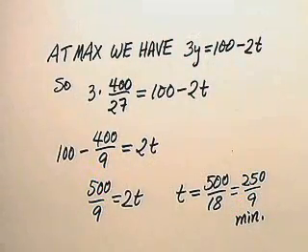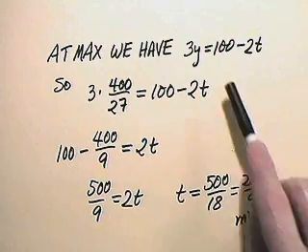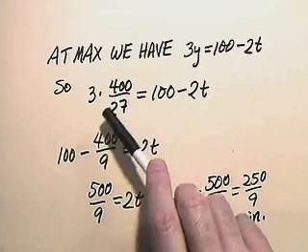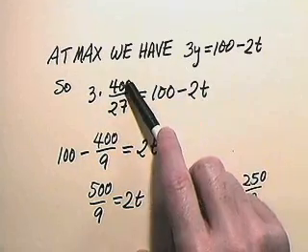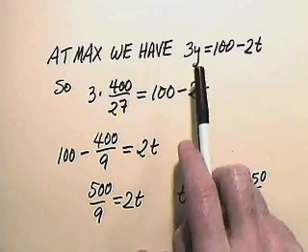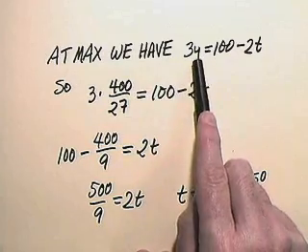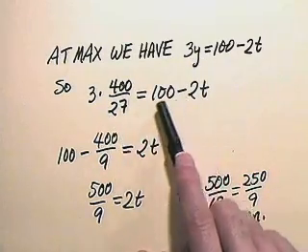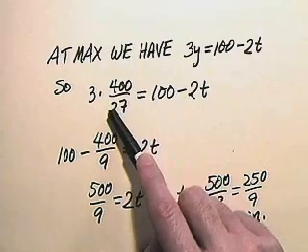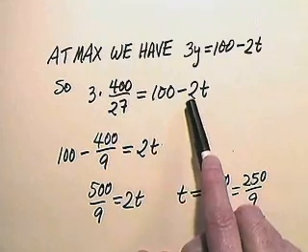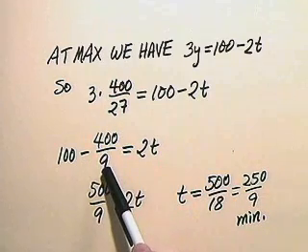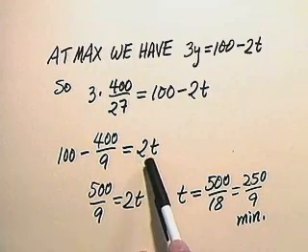Remember, at the maximum, we have 3y equals 100 minus 2t. We've now worked out that y at the maximum is 400 over 27, so we simply substitute that value in for y in this equation, and notice we get a very simple equation for t. 3 times 400 over 27 equals 100 minus 2t, and so 100 minus 400/9 equals 2t.